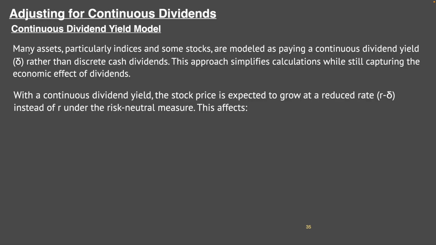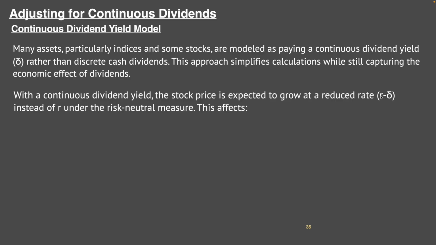So when we consider dividend yield, which is a percentage component, then the stock price is going to grow at a reduced rate. Why? Because we are going to subtract the dividend yield from the risk-free interest rate. Since the dividend is being received, the stock price has to be reduced by the amount of dividend received, because you are going to pay that much less for the stock.